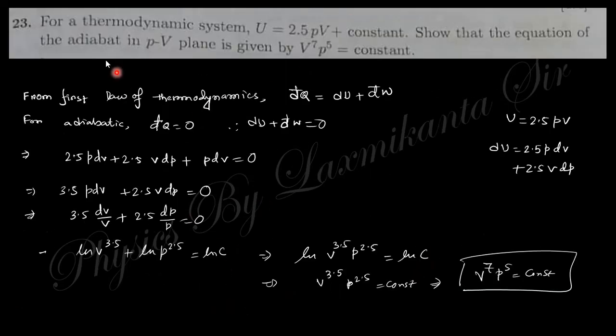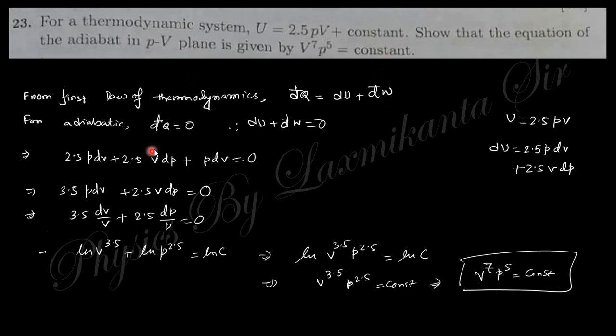Go to the next one. For a thermodynamic system, U is given here, and the equation of the adiabatic in the PV plane is given: V to the power 7, P to the power 5 is a constant. From the first law of thermodynamics, dQ equals dU plus dW.